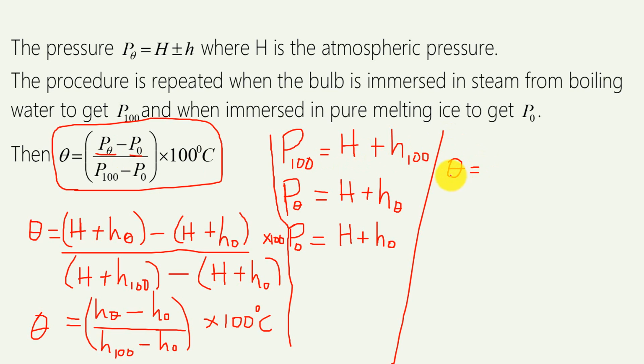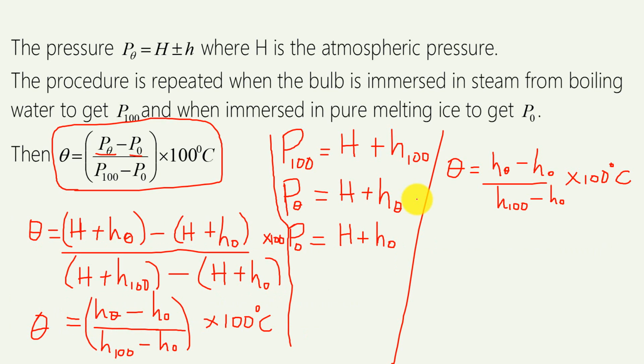You can just use theta equals H theta minus H naught over H 100 minus H naught, and the whole thing you multiply by 100 degrees Celsius. Exactly. So that makes life easy for you.